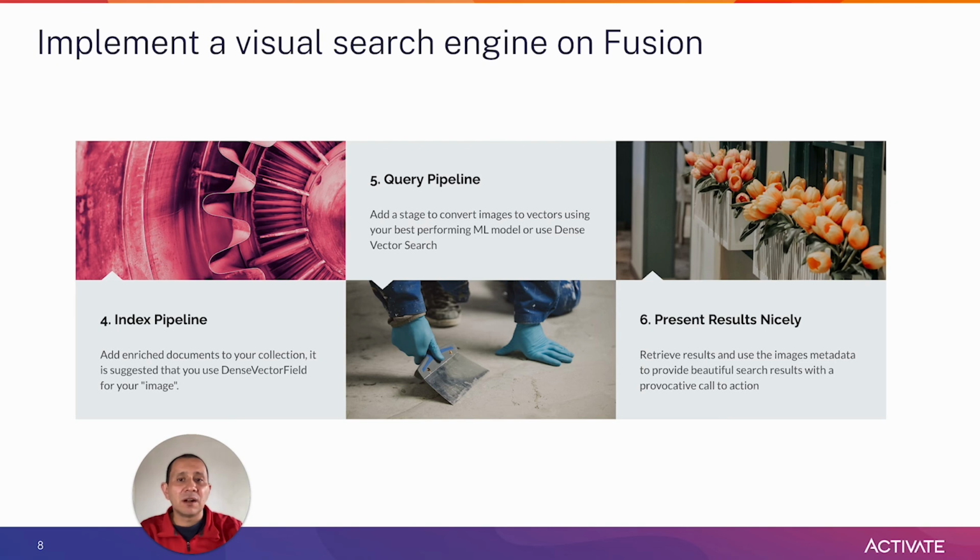And then you will start working on the query pipeline. You should at least add one stage in order to convert the images that the users are sending as part of the query into the vectors that we have talked about. And you can use the dense vector search that is native to Solr in order to do that.